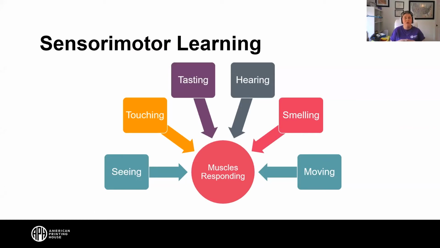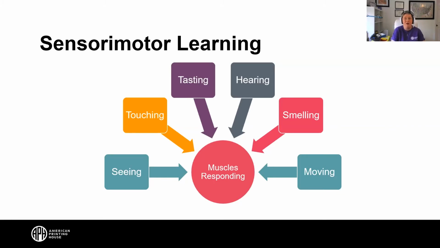Now, sensory motor learners learn about their worlds by sensing it and then acting on it. The motor part is using muscles to respond to that sensory source by exploring it and manipulating it to make it do something.